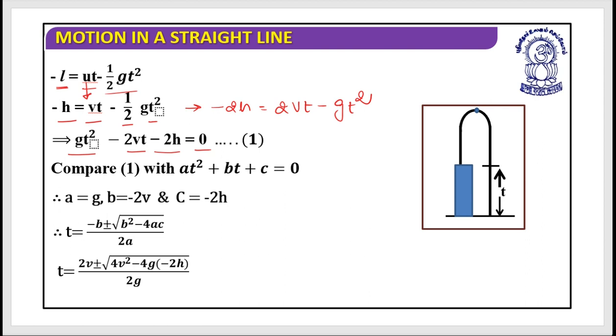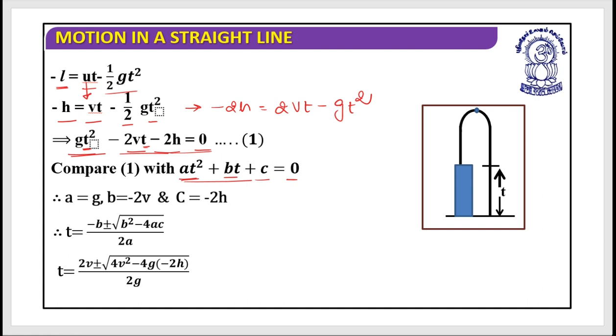If you look at this carefully, this is a quadratic equation, so let us compare it with ax square plus bx plus c equals 0. Here the whole relation is with respect to time, so let it be compared with at square plus bt plus c equals 0. If I compare this, please do not make a mistake.